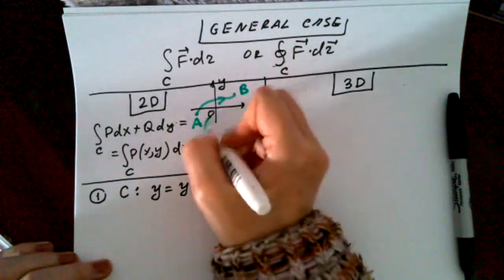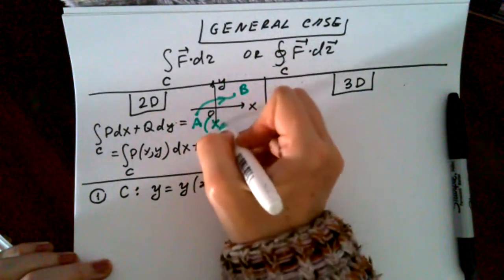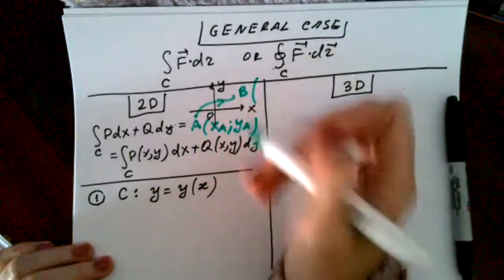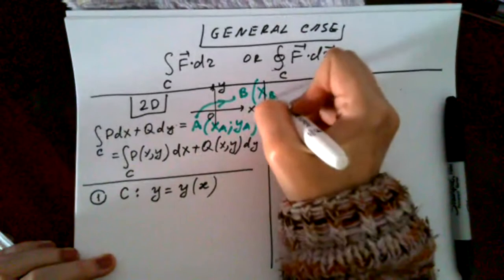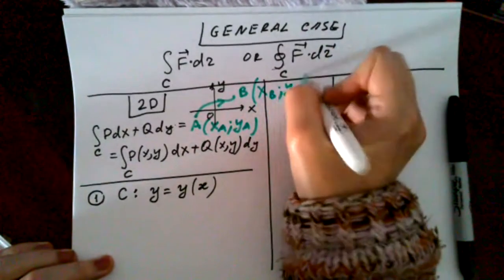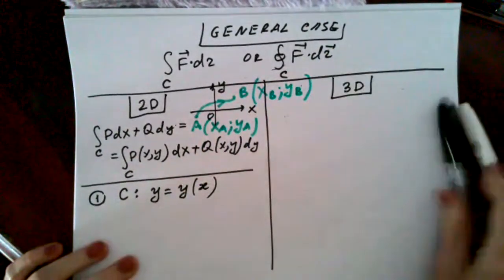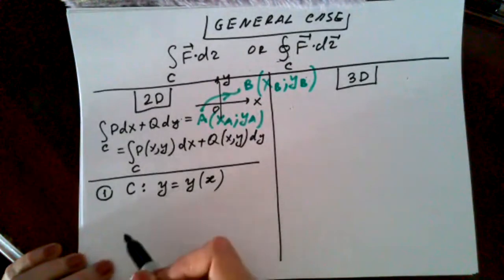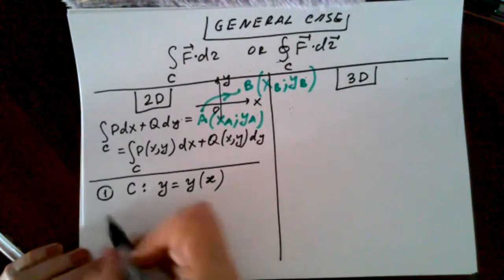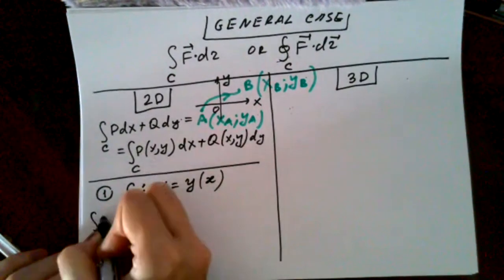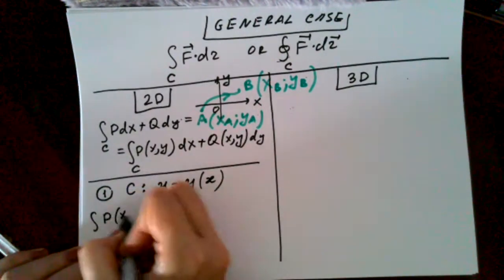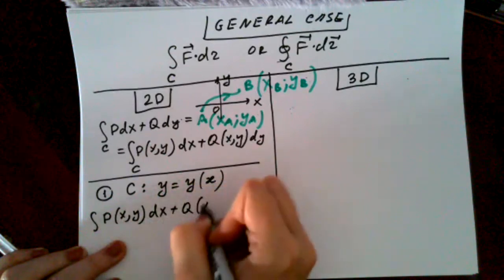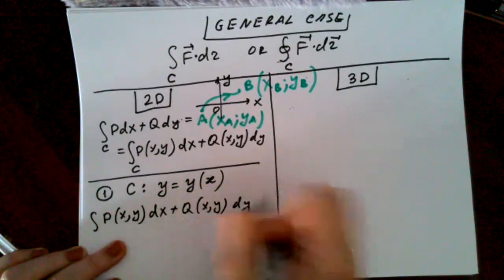Let's call the components of A as x_A and y_A, and the finishing point has components x_B and y_B. So how can you calculate your integral in this case? The integral looks like this: P of x, y dx plus Q of x, y dy.